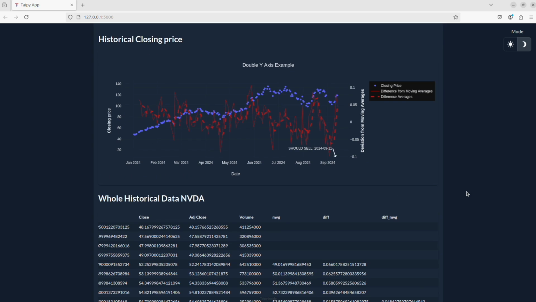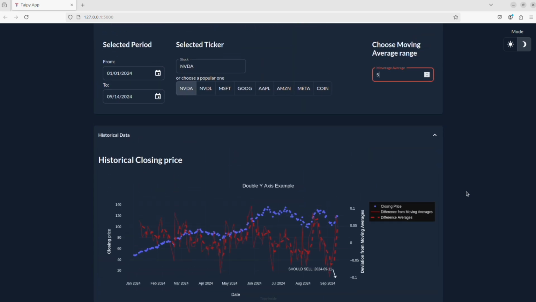And so we can just tinker with the moving average days to see if the plot is actually a good helpful tool for us to make any judgment calls, right?